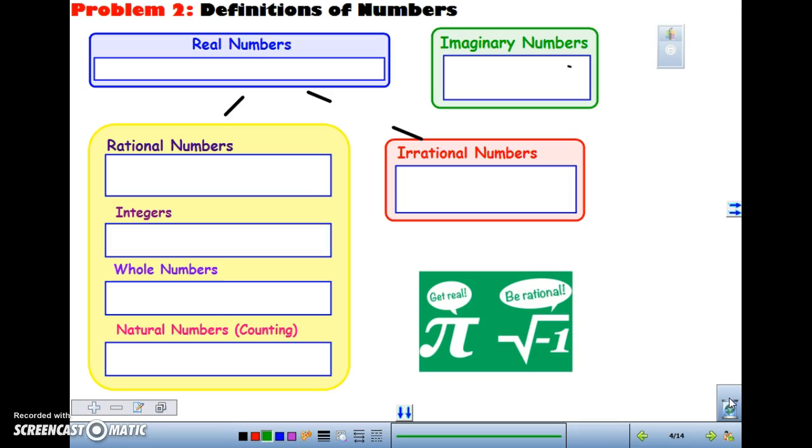When we look at real numbers, a real number is a value that can be found on the number line. Whenever you're talking about a real number, what you are really talking about is a number that can be found on the number line.